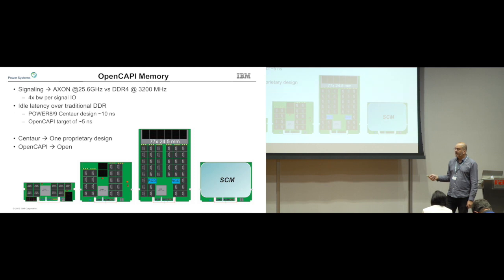And so Gen Z, which is a switched memory fabric, not as low latency as OpenCAPI, does use the same differential signaling and the same connector. So somebody could build a system that you could plug a Gen Z device into, or you can plug an OpenCAPI device in. This is showing a DIMM form factor, but there could be a cable that goes on here, and that cable could run out to an I/O drawer. Or you could put your SCM memory directly in the slot itself.